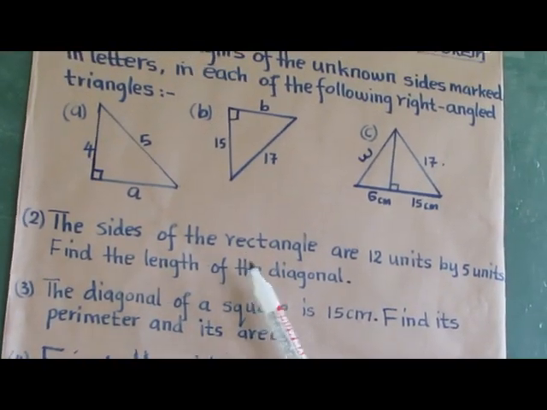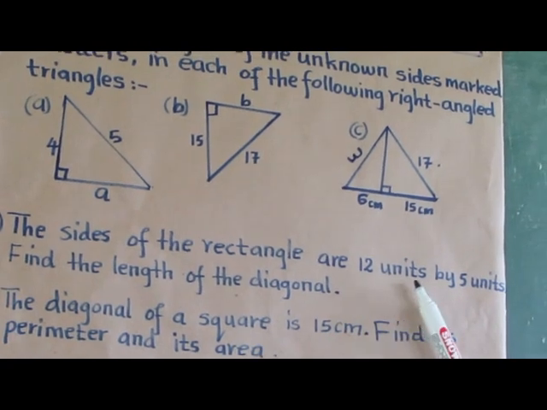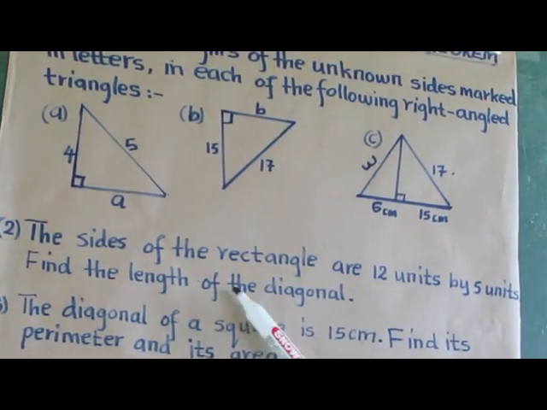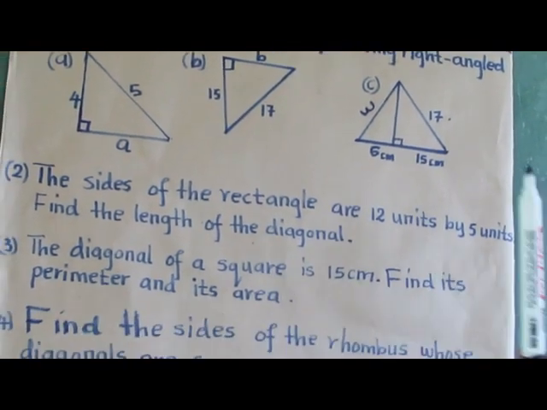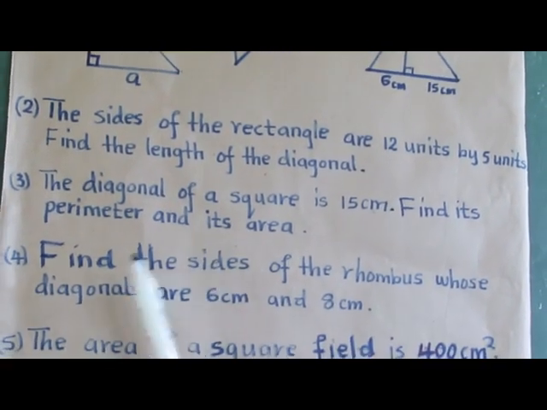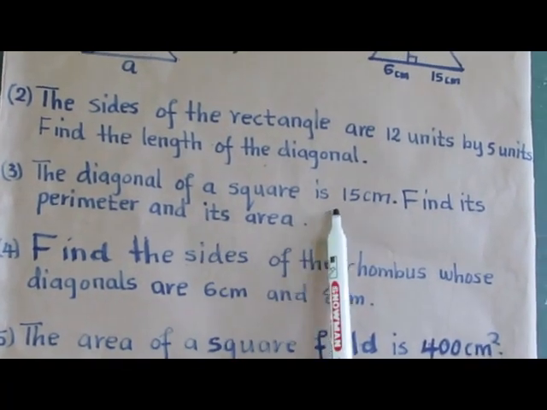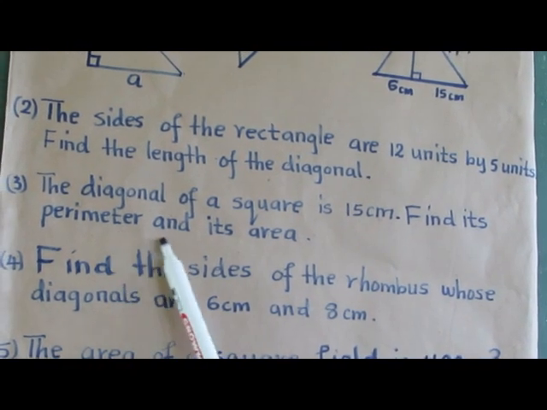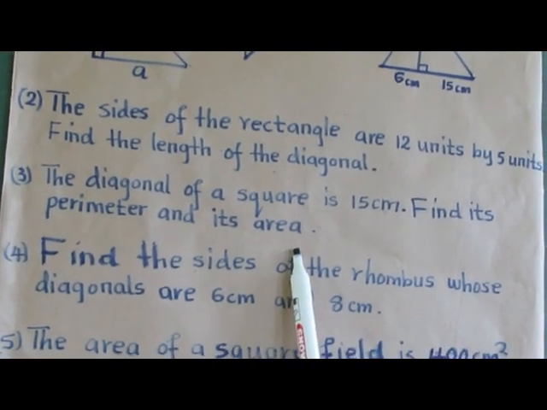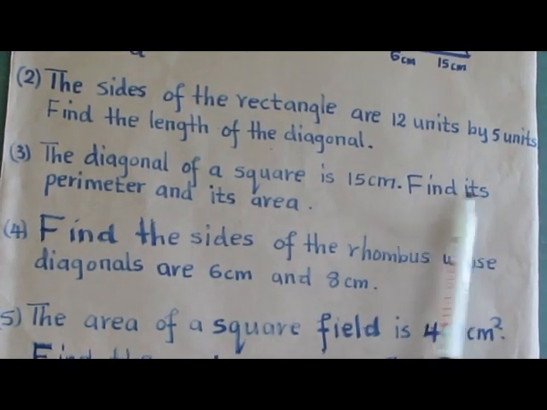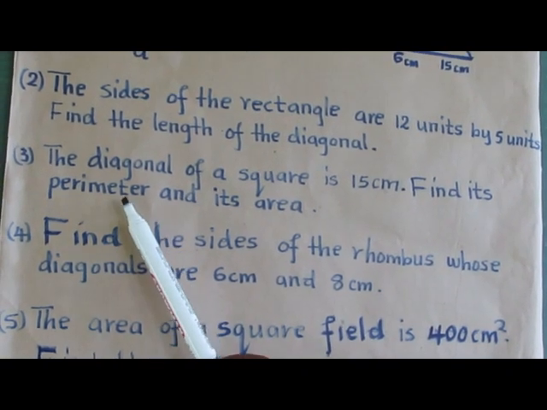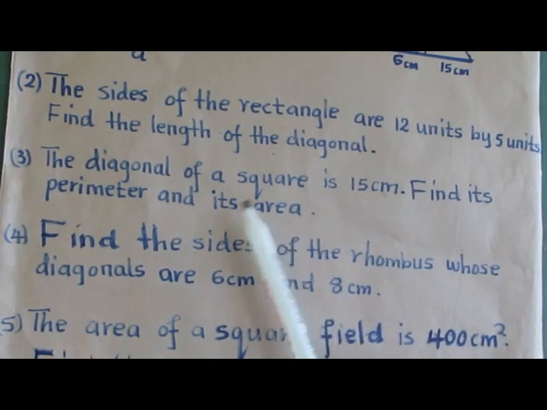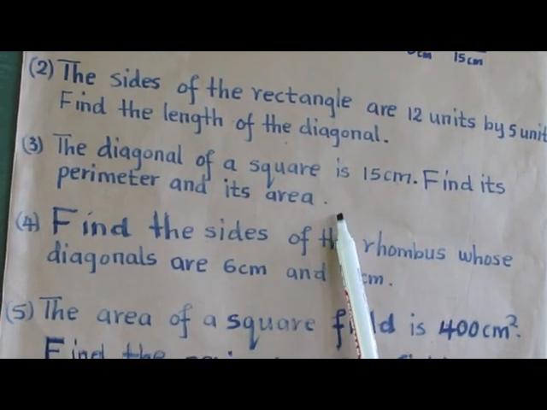The sides of the rectangle are 12 units by 5 units. Find the length of the diagonal. Question number 3. The diagonal of a square is 15 centimeters. Find its perimeter and its area. I think students, you remember how to find the perimeter of a square and the area of a square.